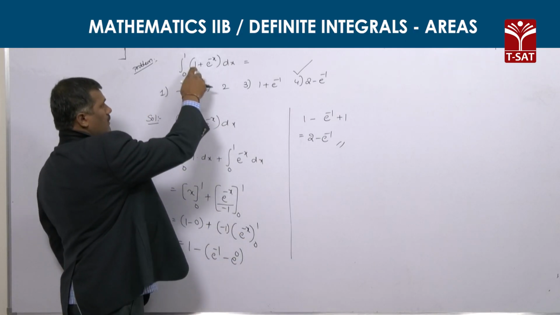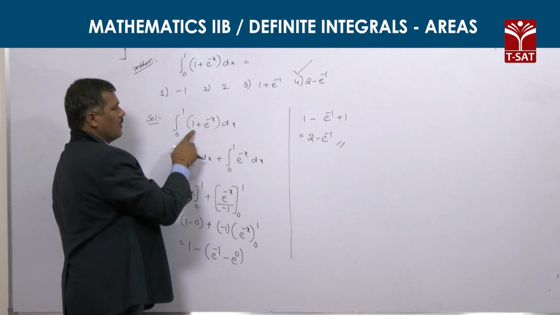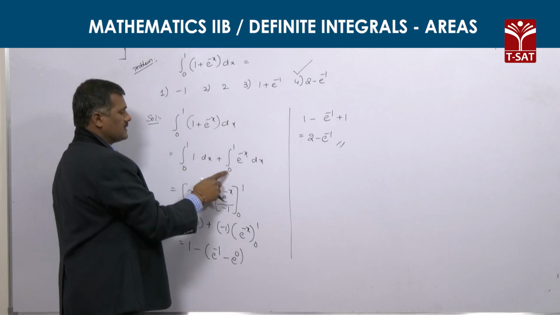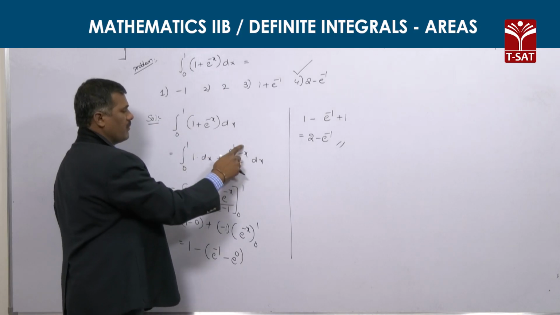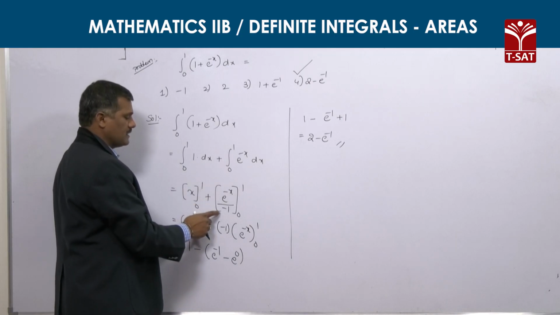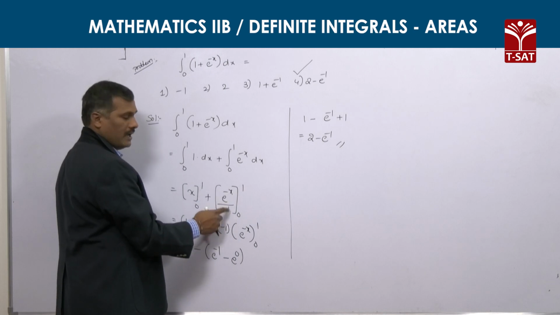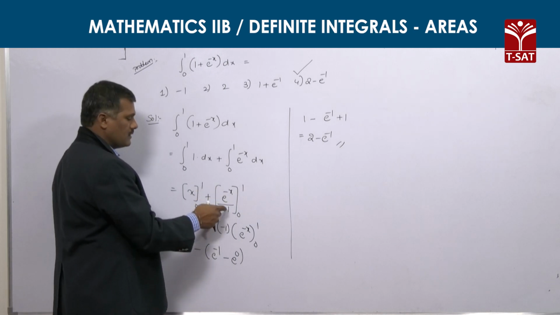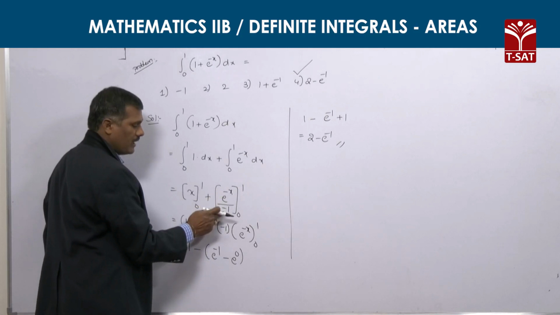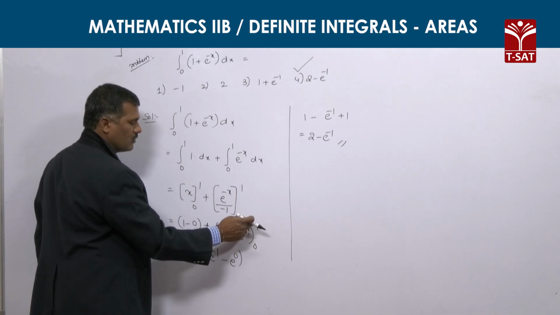Integral of 0 to 1, 1 plus e power minus x dx: integral 1 dx plus integral 0 to 1 e power minus x dx. Integral dx is x, limits 0 to 1. Integral of e power minus x is e power minus x by its x coefficient minus 1, so by minus 1, numerator is positive, denominator is negative, so negative, e power minus x limits 0 to 1.